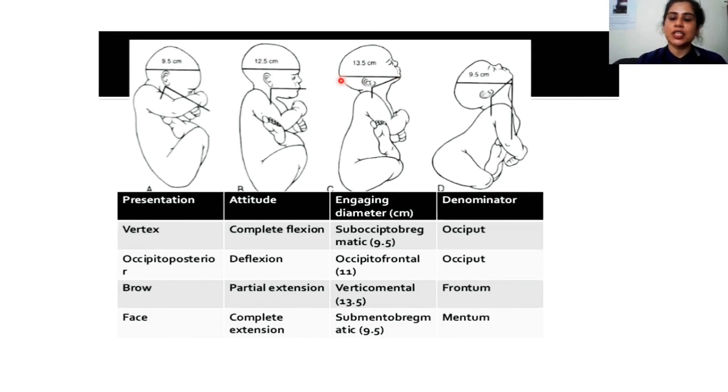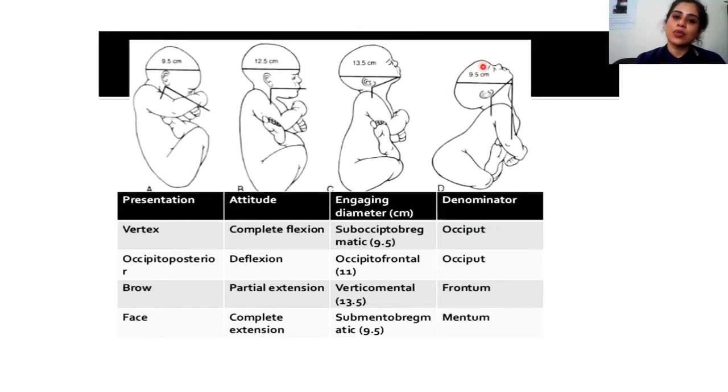And this presentation is known as the brow presentation because here the presenting part is the brow. The mento-vertical diameter here is 13.5 to 14 centimeters, and normal mechanism of labor is not possible in this presentation. So if there is a persistent brow presentation, we have to take the patient for cesarean section.